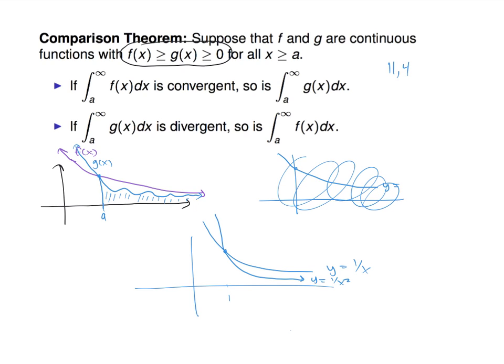But you could compare 1 over x and 1 over root x. You say, oh, I know 1 over x diverges, right? 1 over root x is above that from the point 1 on. Therefore, from 1 to infinity, 1 over root x diverges.